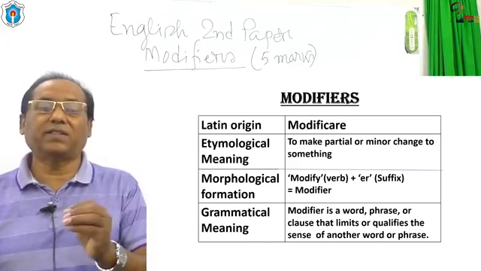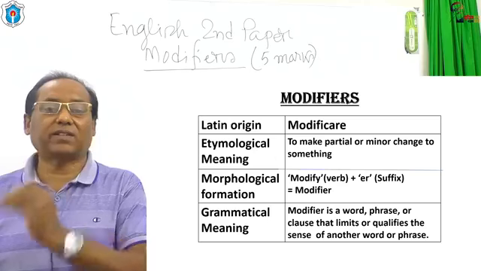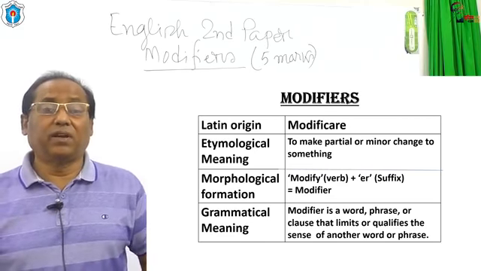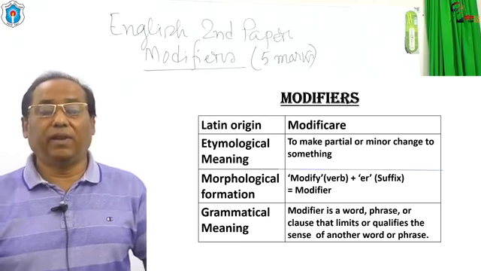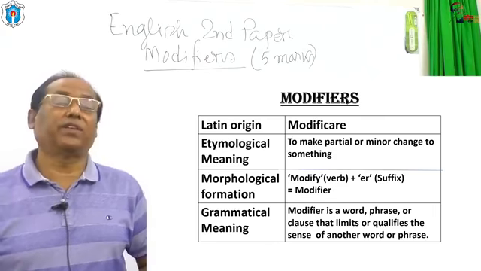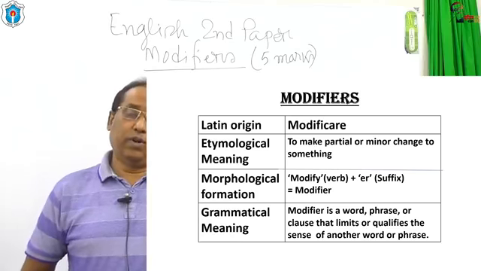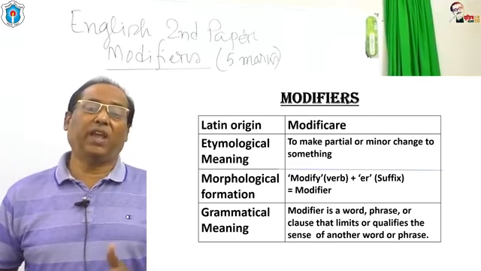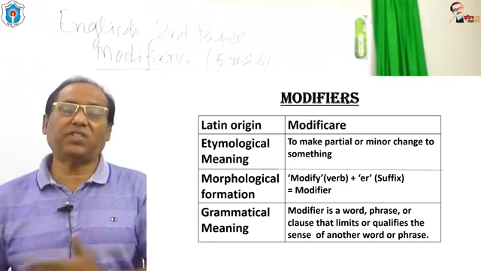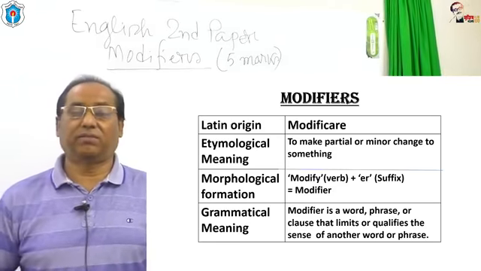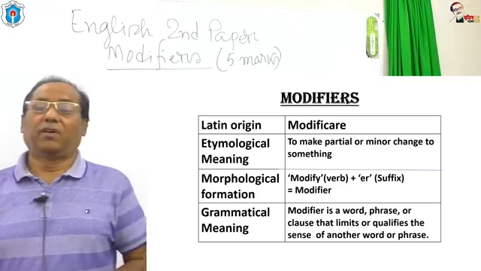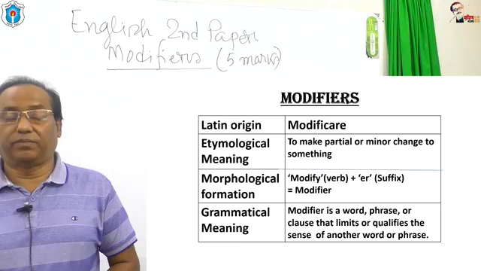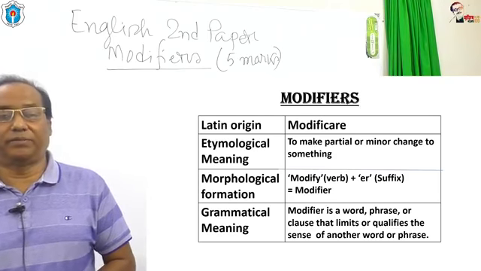Modify plus er: er is a suffix and modify is a verb. Now what does the verb modify mean? I have already mentioned the meaning of the word. Modify means to make some change, some partial alteration of something. Okay, this is the formation of the word modifier.